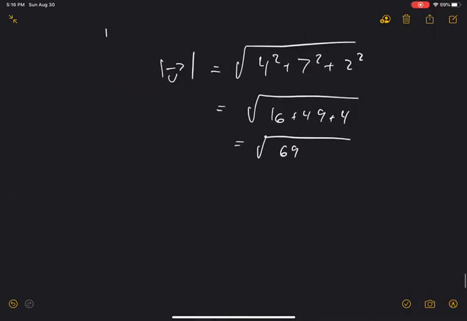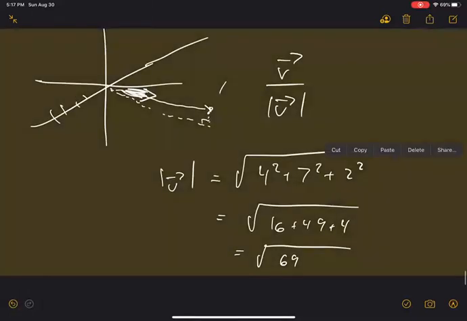What is, no, so that's not a nice square root, is it? Let's see. Can I divide by, no, it's not. So if it was 169, that would have worked out nicely. Okay, but it's not. So the magnitude of V is the square root of 69.